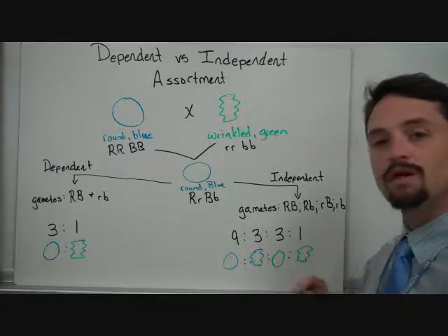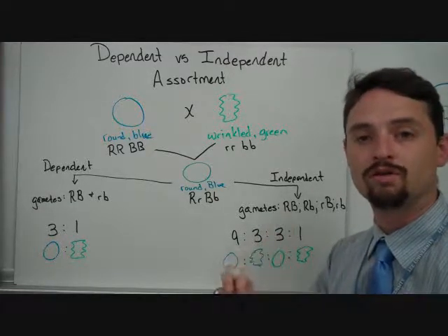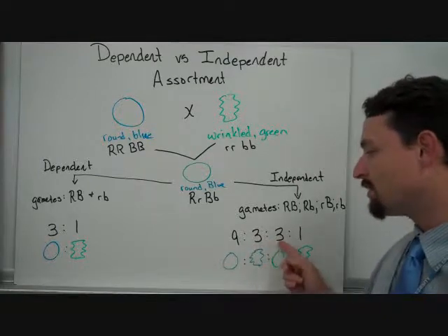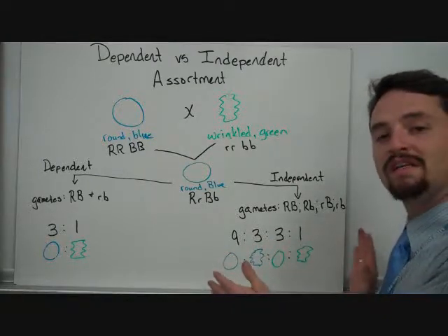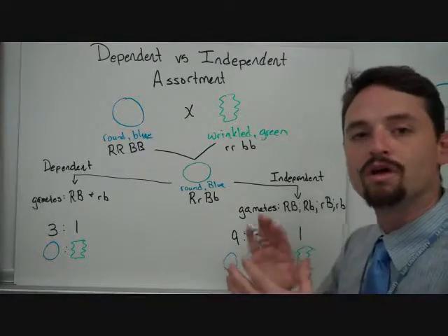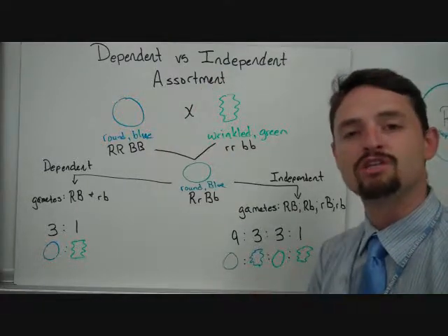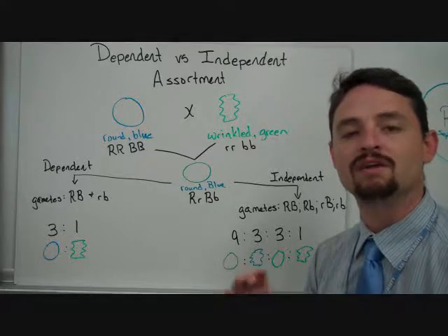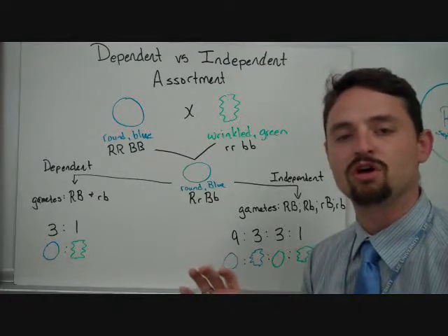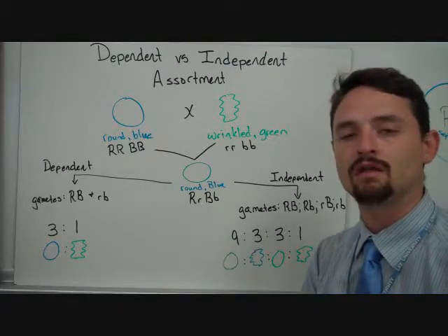And 1 of them will be wrinkled and green. So you get a 9 to 3 to 3 to 1 ratio. This is what we see most often when we're comparing 2 traits, because that's independent assortment. Most genes will assort from each other as if they're on different chromosomes. And we'll talk about that a little more in lectures to come.